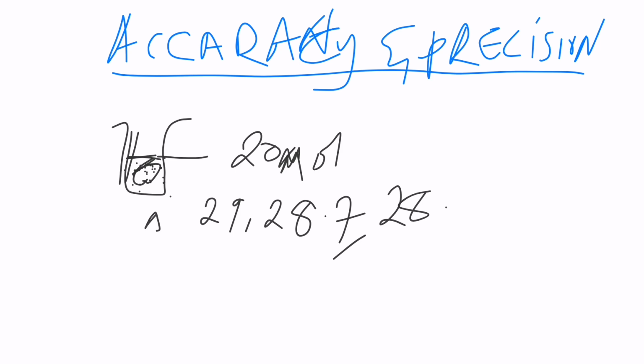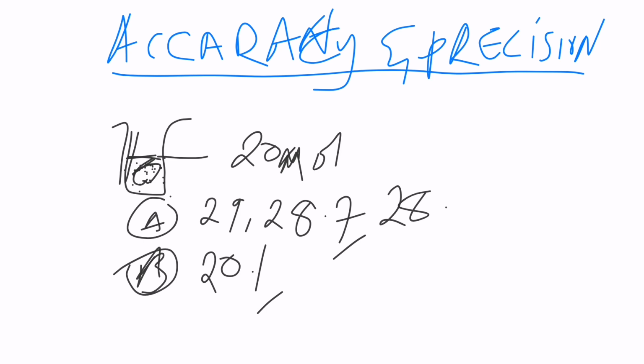Now there is another person. This is person one, measurement A. This is person B. Another one starts measuring the same thing. They measure 20.1, or 20. Then another measurement, 17.5.